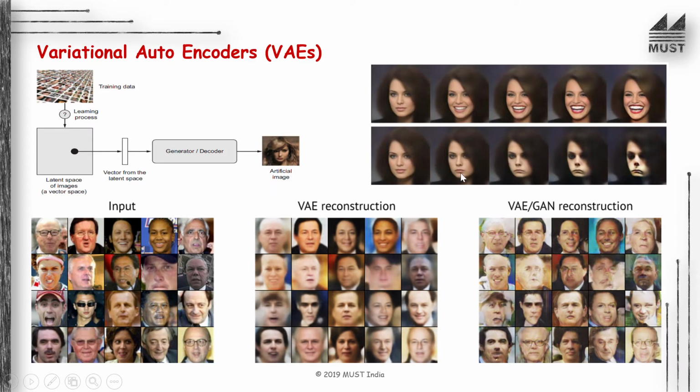Similarly, if you want to increase the extent to which a sad face looks sad, this can also be done. These three are the generated images over here. In cases where, instead of generating a completely new image, you just want to change a particular latent space of an image, I would go for VAEs.